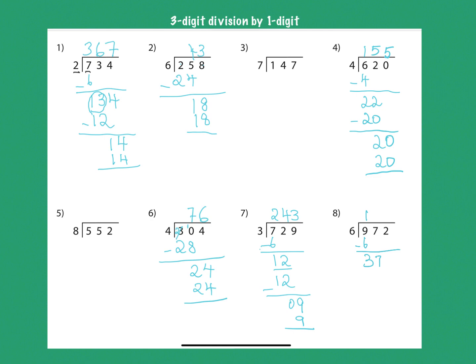How many 6s fit into a 37? 6 5s are 30. 6 6s are 36. So we're only one short. 7 minus 6 is 1. 3 minus 3 is 0. And I bring down the 2 over here. So how many 6s fit into a 12? 6 2s are 12.